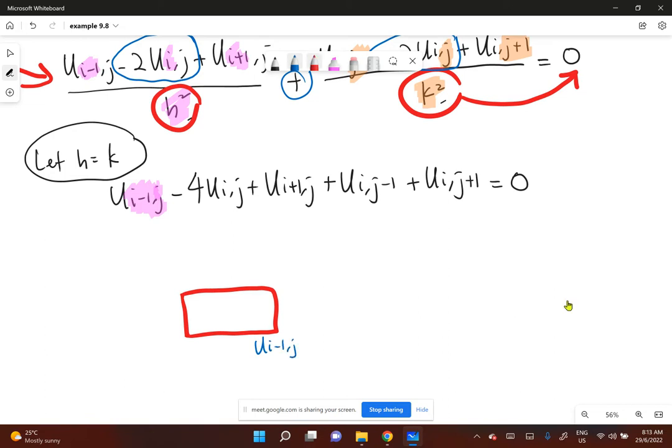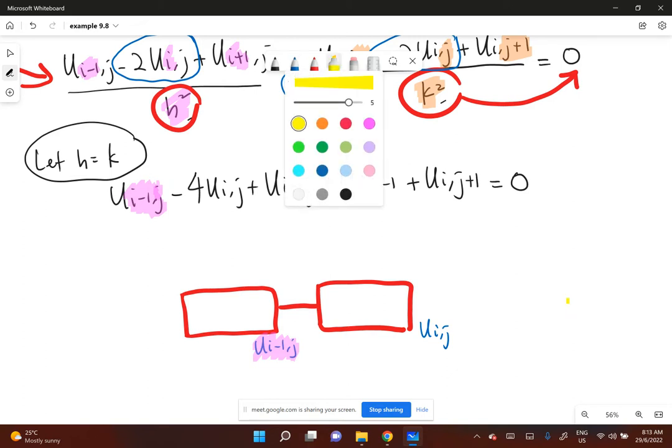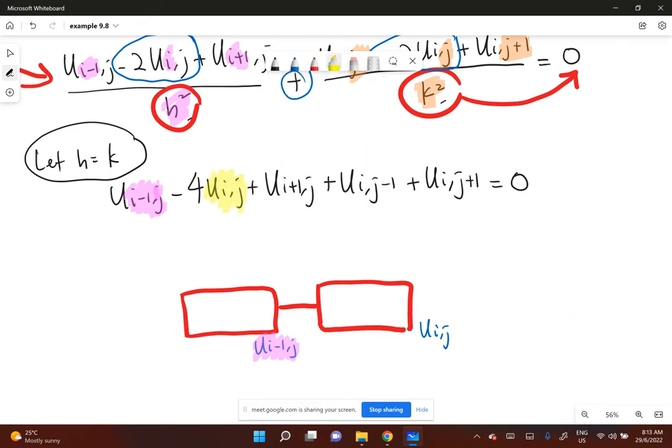Okay, and then we have u_{i,j-1}, and then we have u_{i,j}. This is u_{i,j}, and here this one is negative 4.